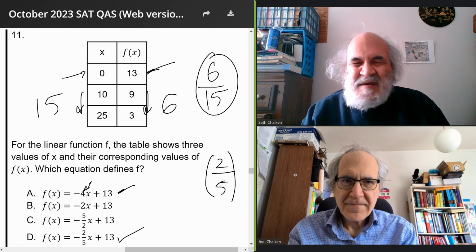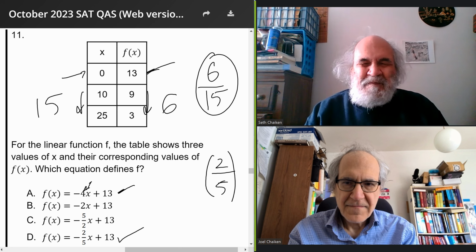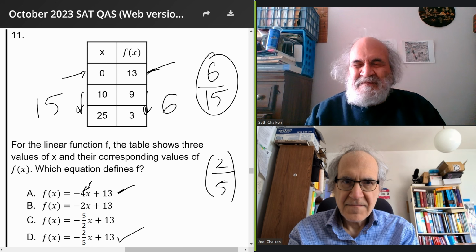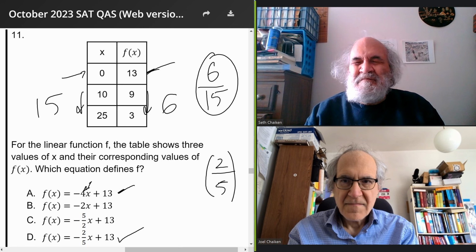Look at the bottom one: think of the 10 being substituted into the x. The 10 is divided by 5, and you get 2. The 2 in the 2/5 is multiplied by the 2 to get 4. It's a negative slope, and so you could observe that the bottom one is the right choice.